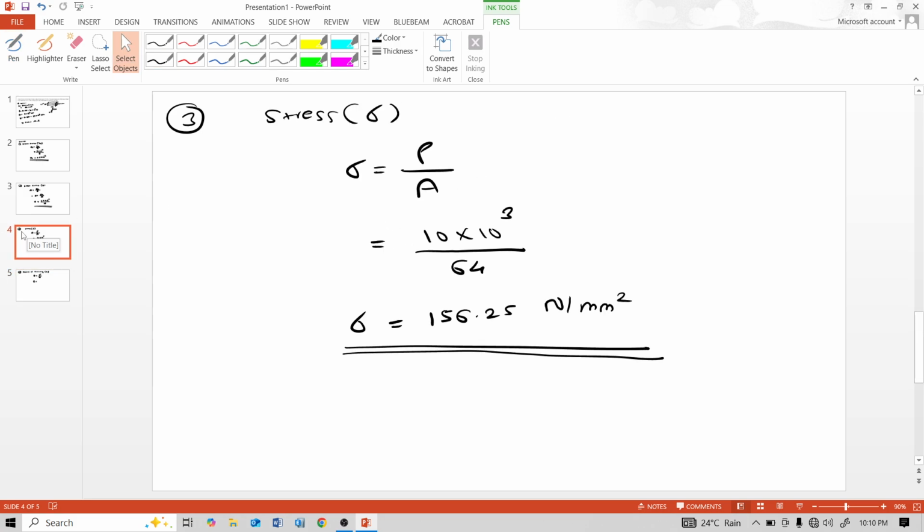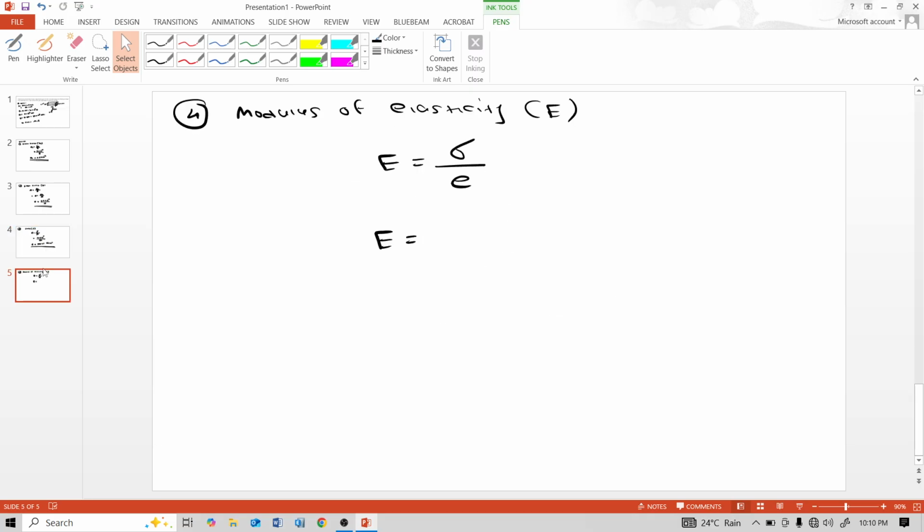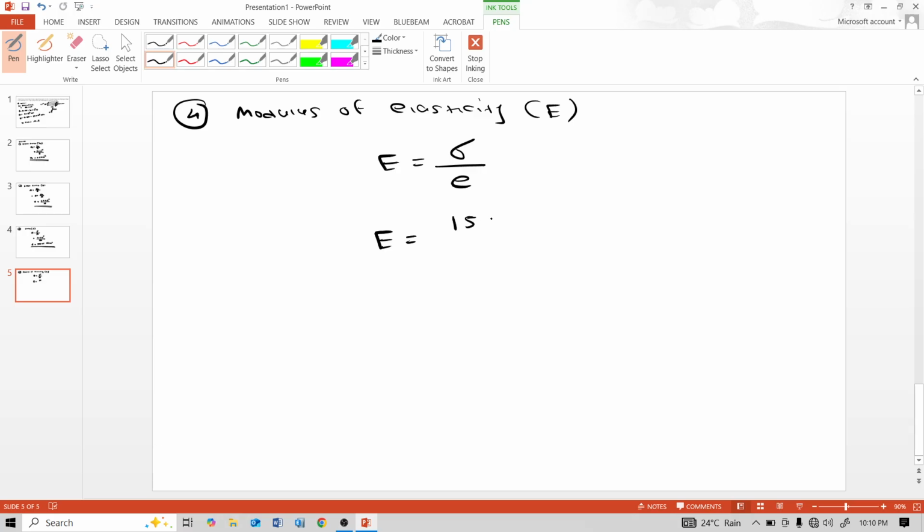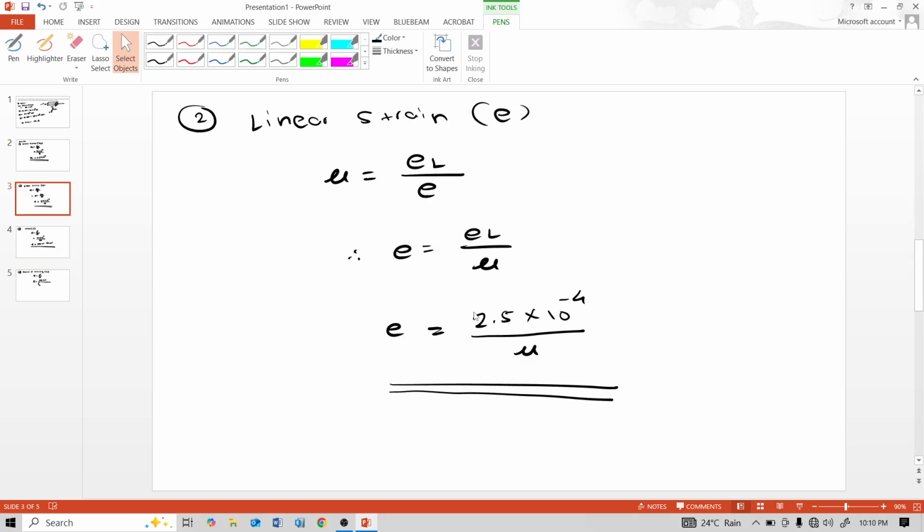And stress is 156.25 and the strain is 2.5 into 10 raised to minus 4 upon mu.